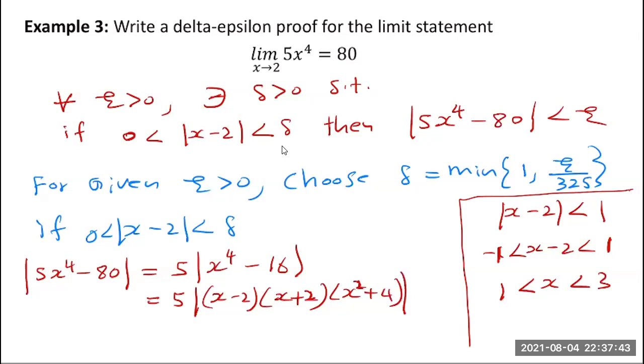But I assume that the absolute value of x minus 2 is less than delta, so I can replace this by delta, a bigger quantity. Of course, you have to put the absolute value on each individual term. So let me do that first: 5 times the absolute value of x minus 2 times the absolute value of x plus 2 times x squared plus 4.